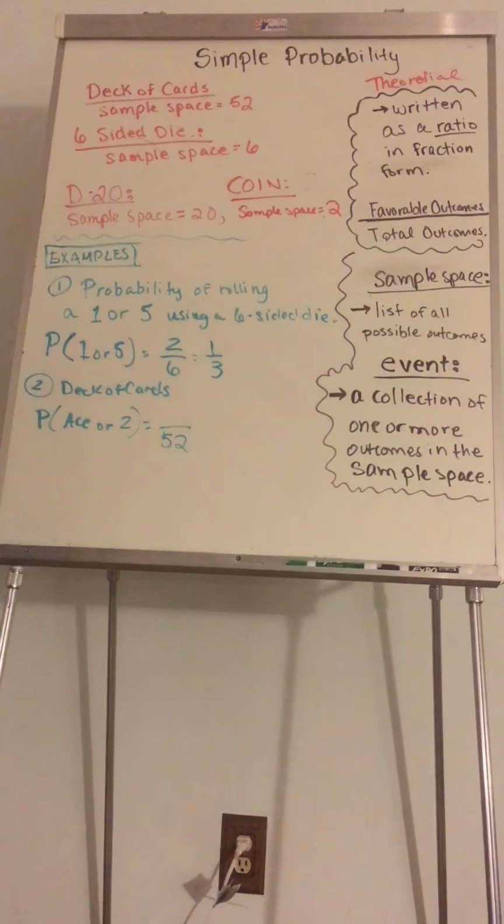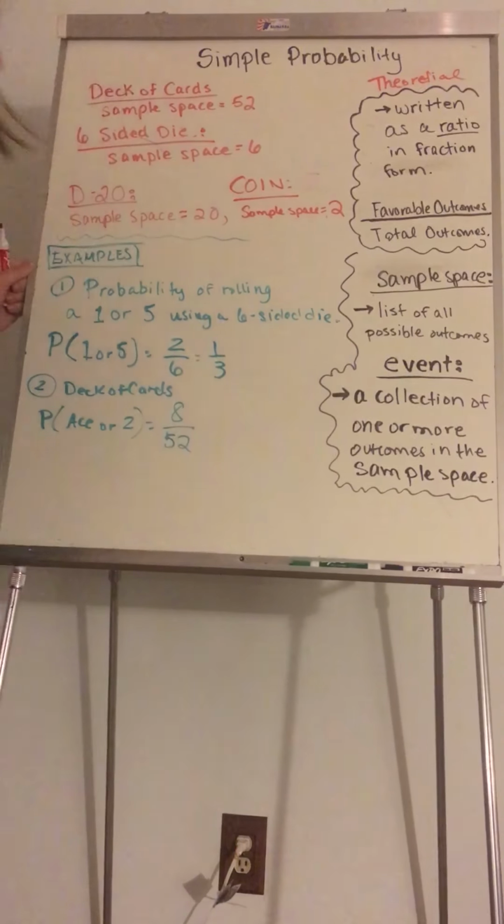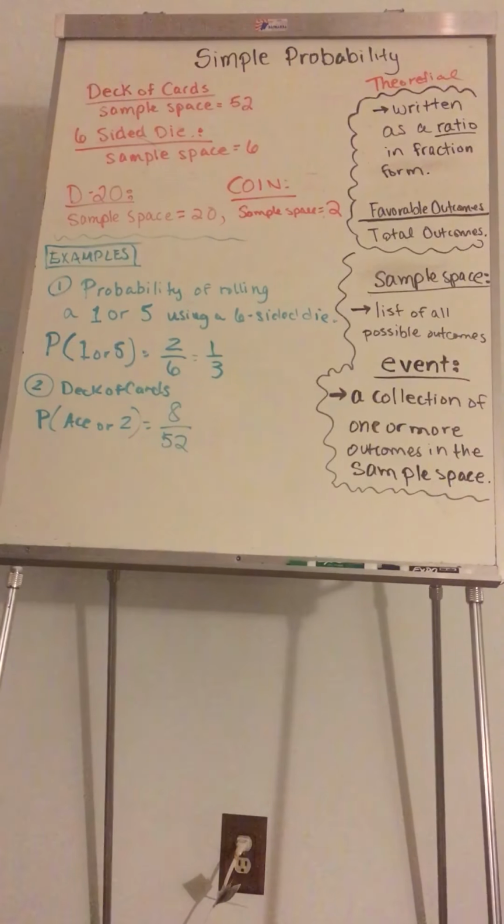But we have to figure out how many aces are in the deck and also how many 2s, okay? Well, you know there's 4 suits, therefore there's 4 aces, and there's also going to be 4 2s. And so 4 aces plus 4 2s is going to be 8. 8 over 52. And that is the probability. Yes, you can simplify that to 4 over 26, or rather 2 over 13, but we can also leave it as 8 over 52.